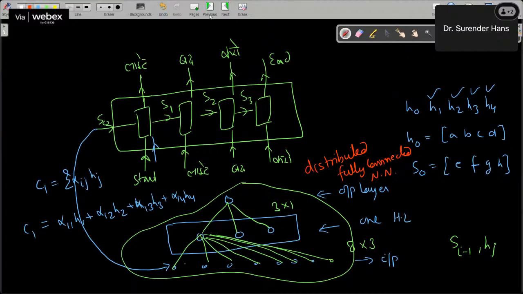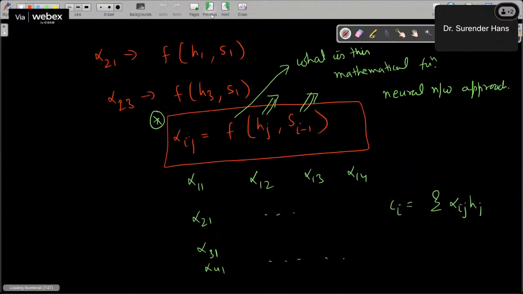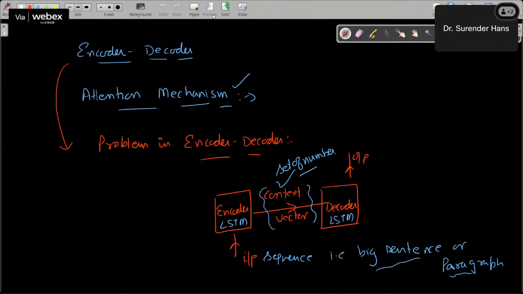So let me summarize this whole lecture. We studied the encoder decoder, and the main problem in this encoder decoder is that the encoder and decoder are connected through this context vector, and this context vector is a summary of the input sequence in the form of a vector.